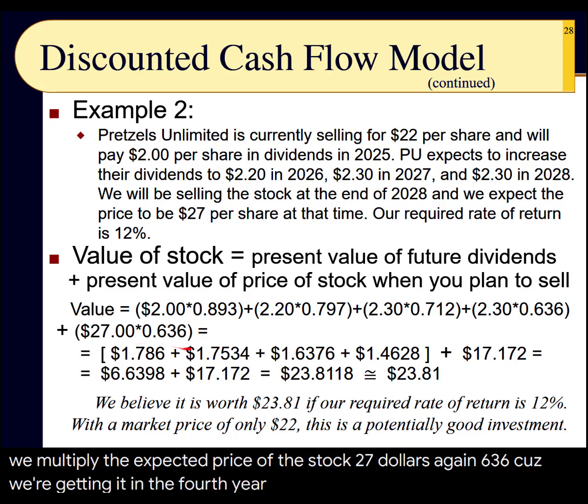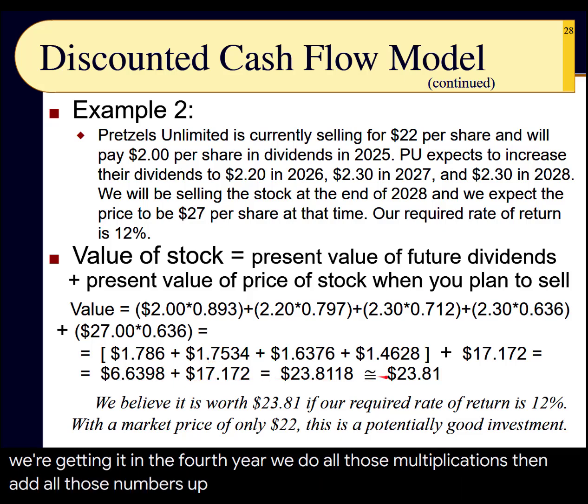We do all those multiplications, then add all those numbers up, and we get approximately $23.81.